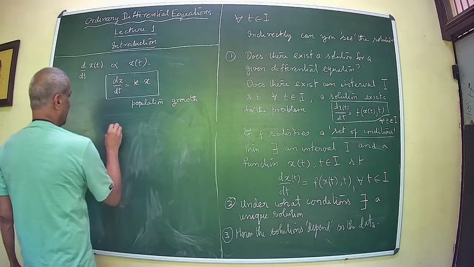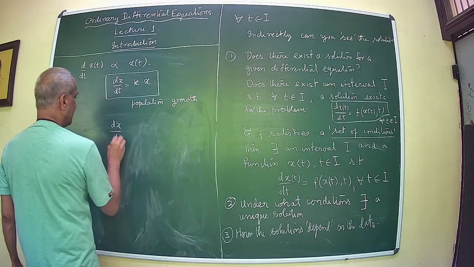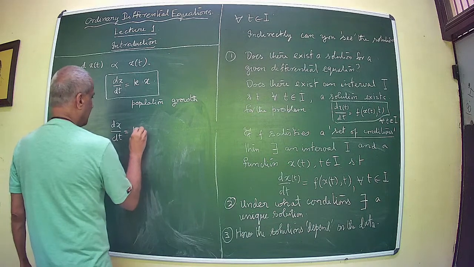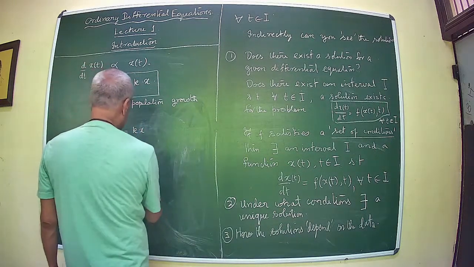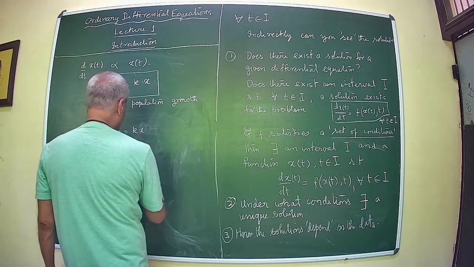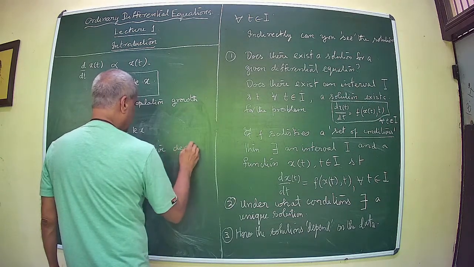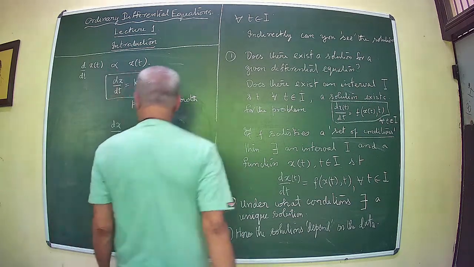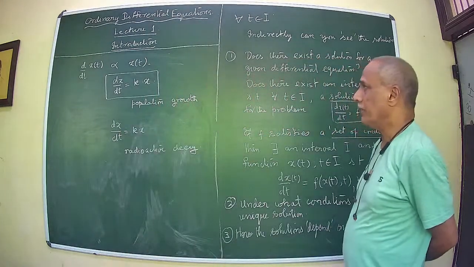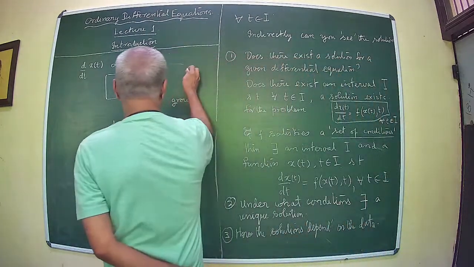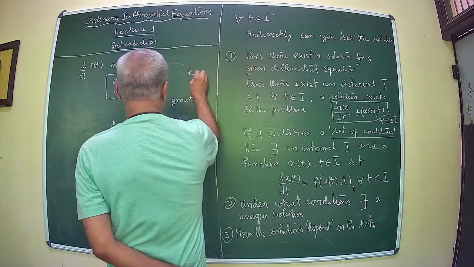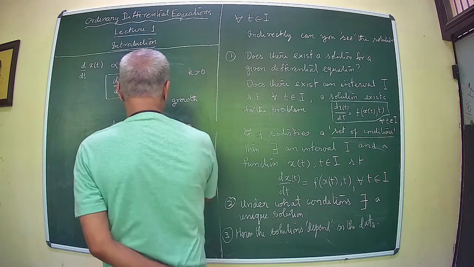So also you have the same equation for the radioactive decay problem, where of course here k is taken to be positive, here k is negative.